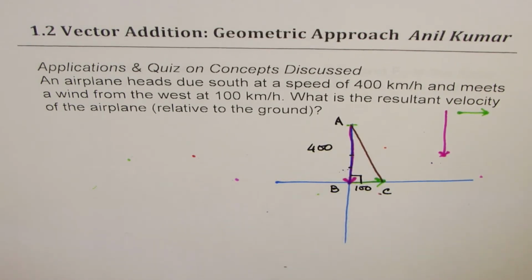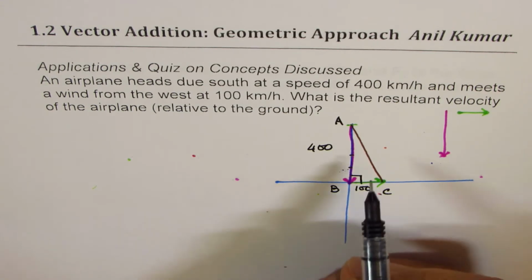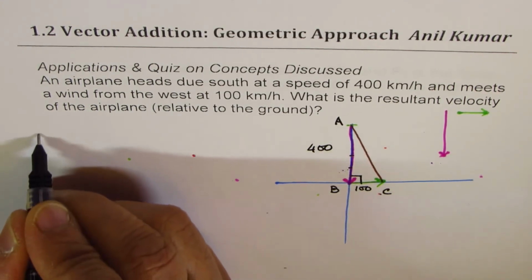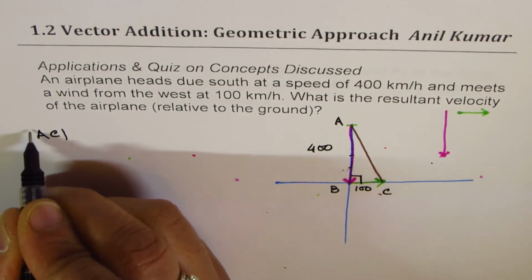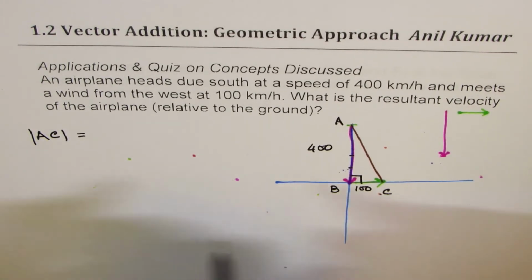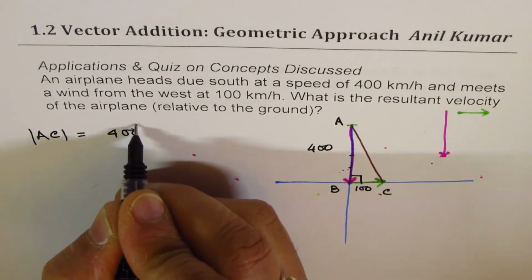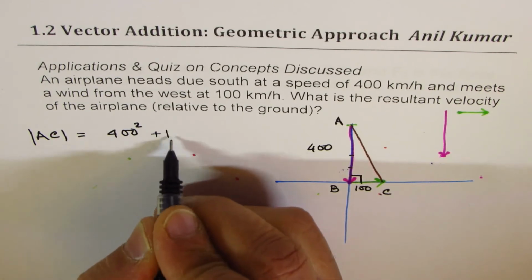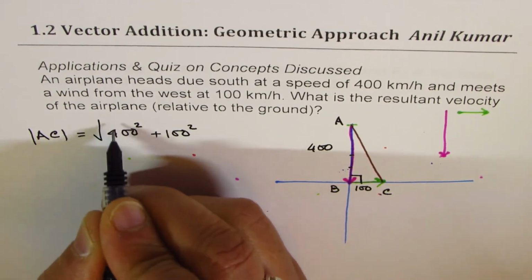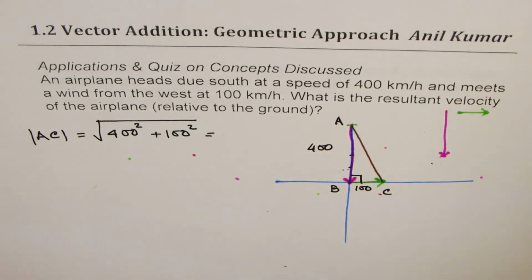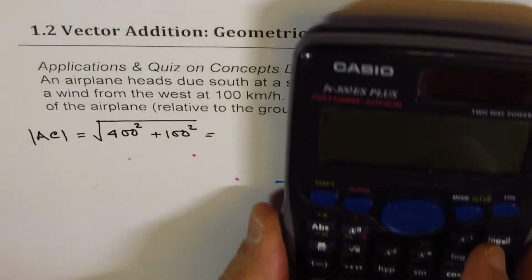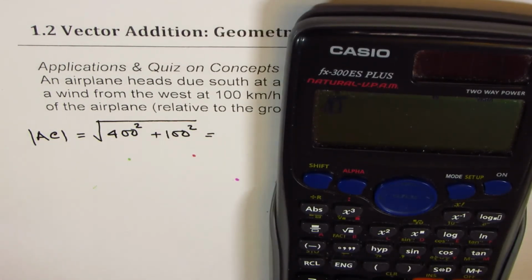Now in this case, you can find AC by using Pythagorean theorem. So you can say the magnitude of AC is equal to square root of 400 square plus 100 square. Right? So this is your magnitude.